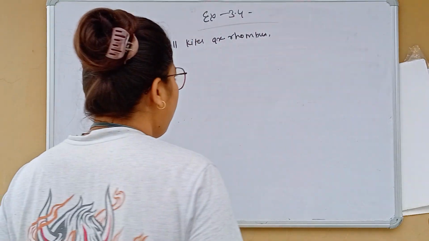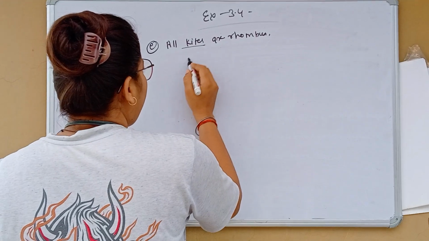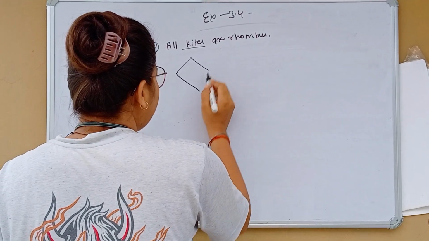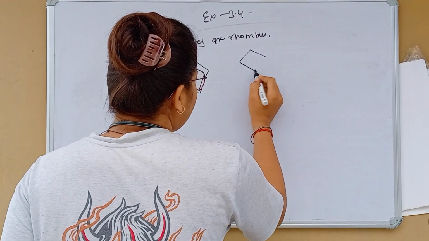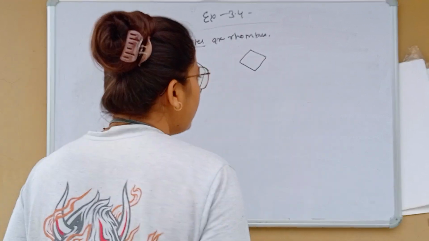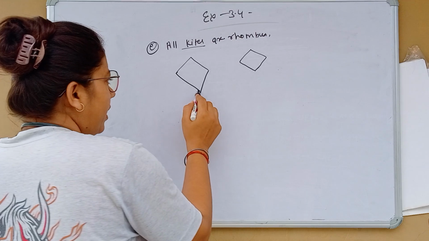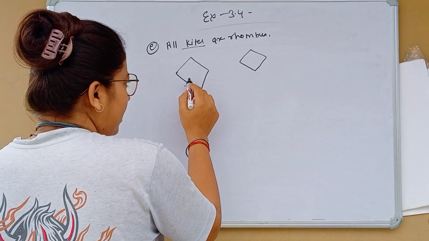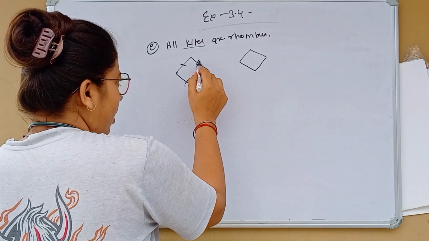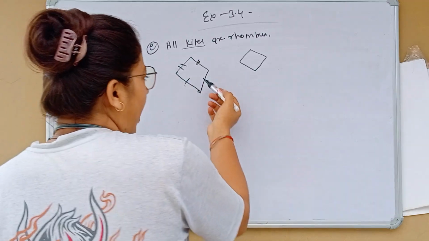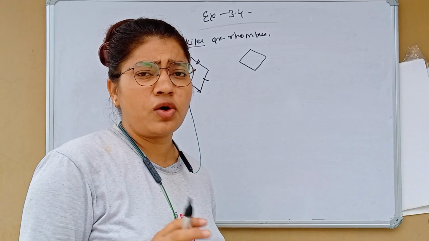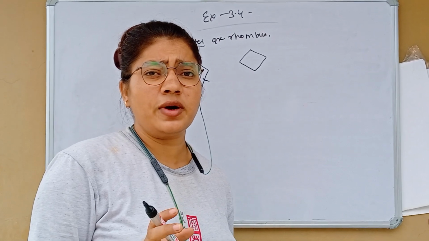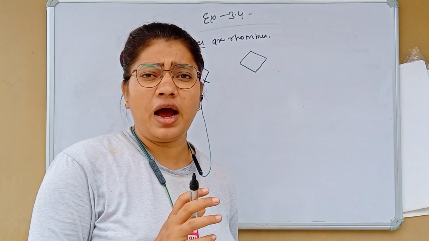Okay. So first make a kite figure. We know that a kite figure is like this. A rhombus is also like this. In a kite it doesn't matter whether all sides are equal or not. That means this side equal and this side equal, both. So in a kite we can say that adjacent sides are equal. But the rhombus property says all sides are equal.